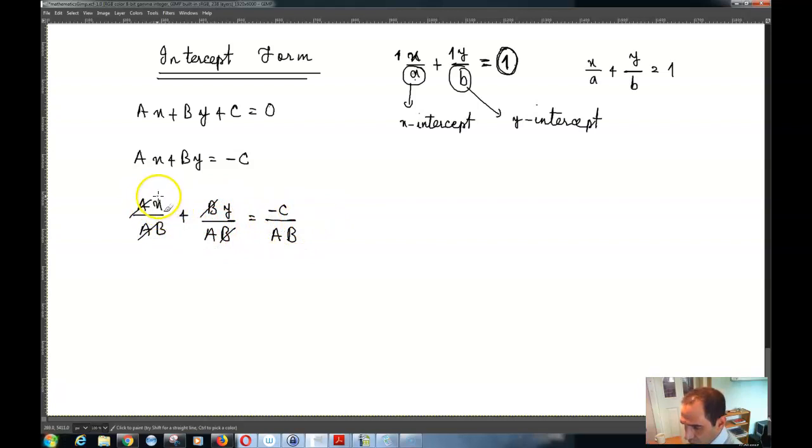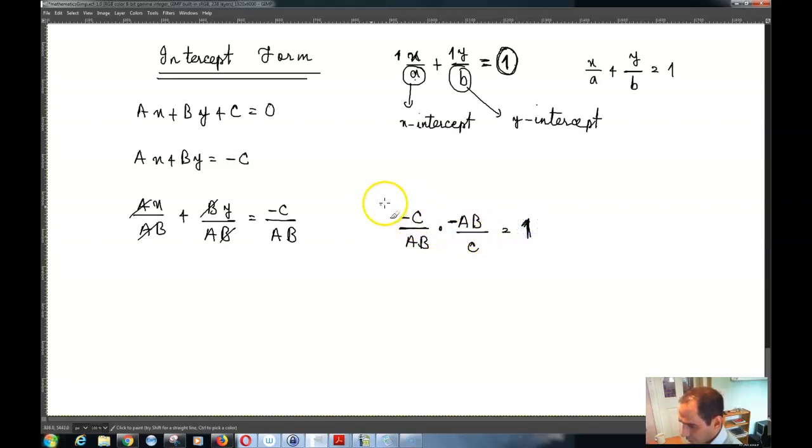So now the coefficients of x and y are 1, but this number is not 1. It has to be 1. So to get a 1 out of this, I have negative c by ab. If I multiply it by its reciprocal, negative ab over c, I will get a 1.